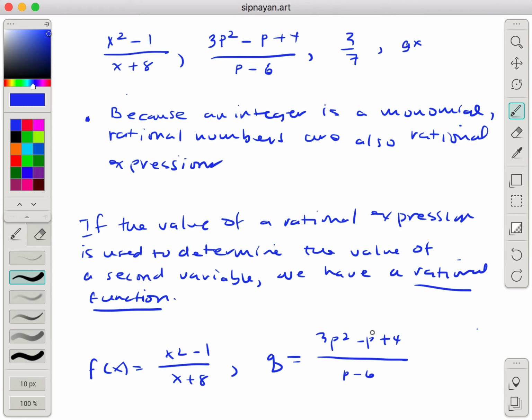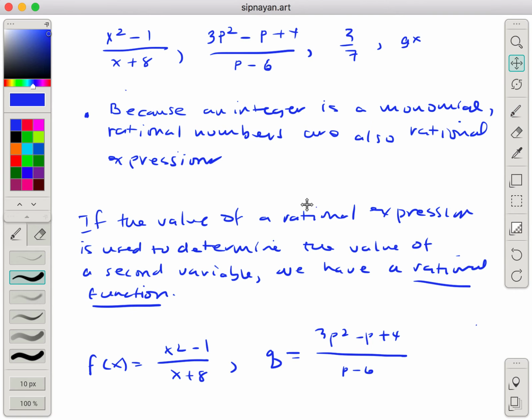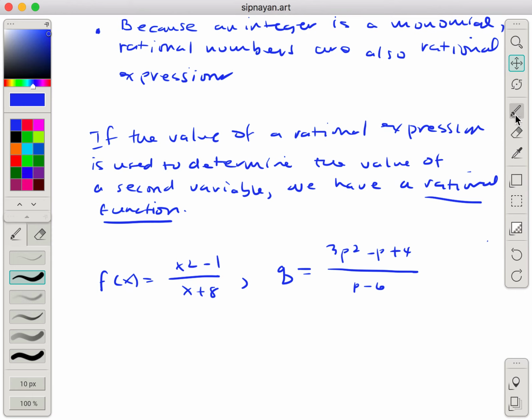So this is a rational function. So actually, ang rational function is the function of the form f of x.